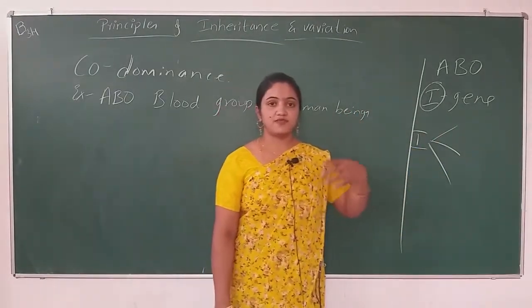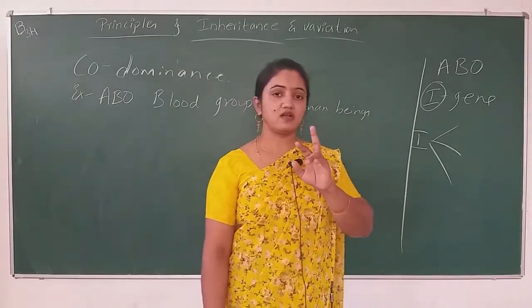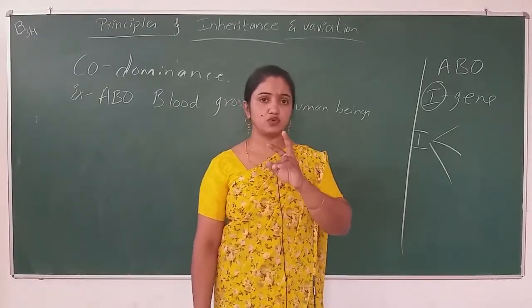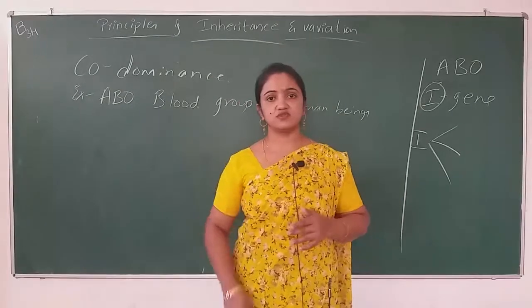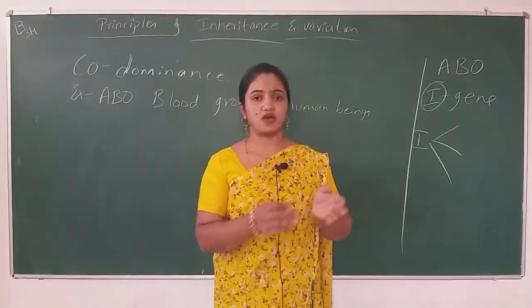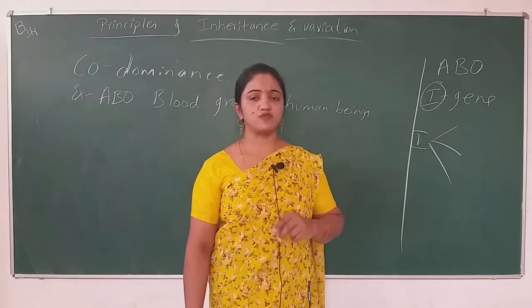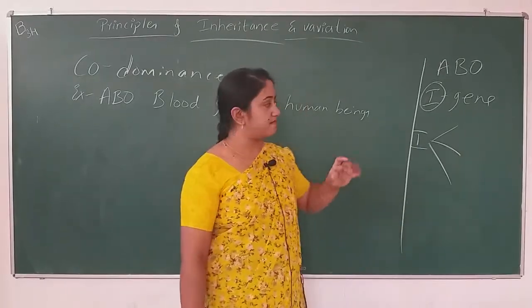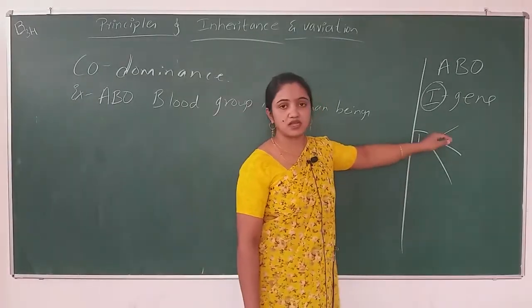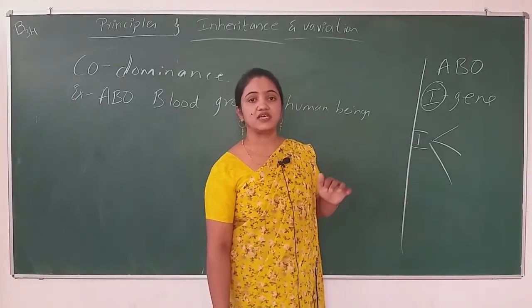In the previous cases we studied 2 alleles, capital R and small r, capital T and small t, only 2 forms of a gene. But here there are 3 alleles present.